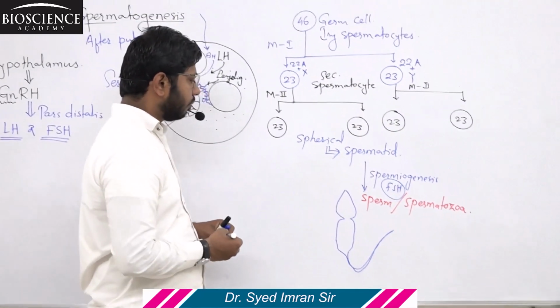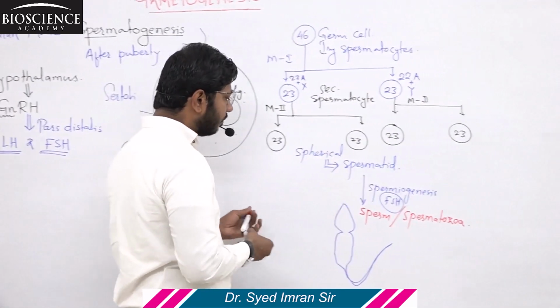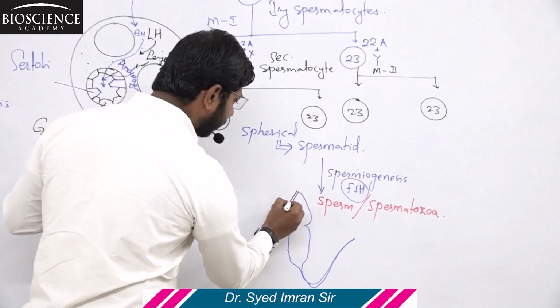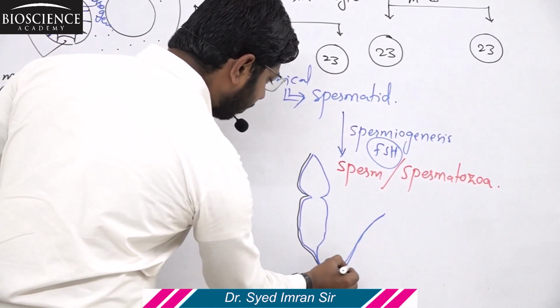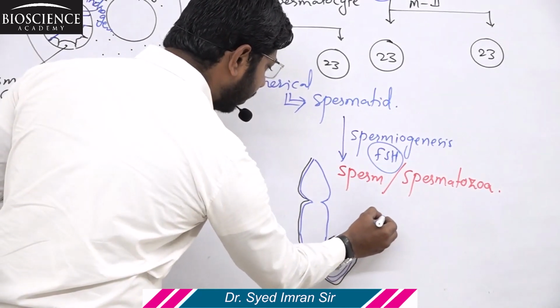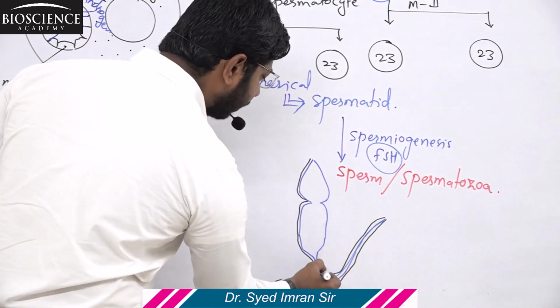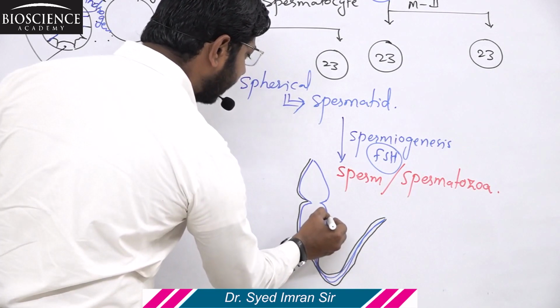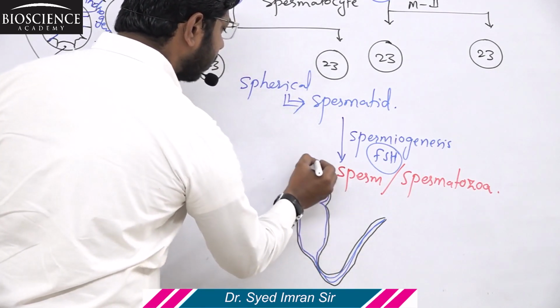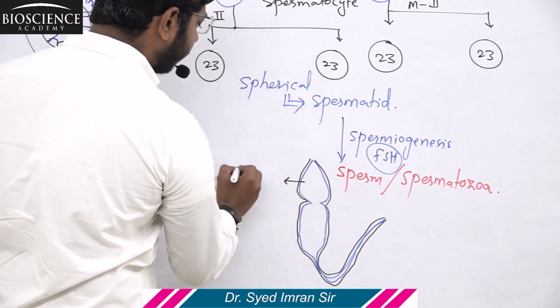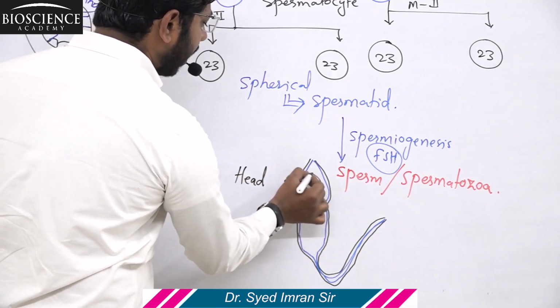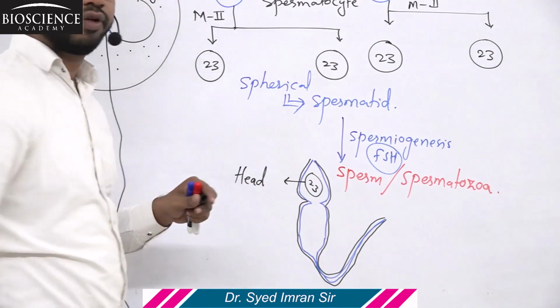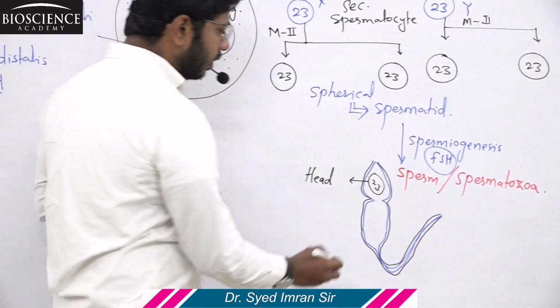Now each sperm is surrounded by a plasma membrane. Sperm is covered by the plasma membrane from everywhere, and there are different parts in each sperm cell. The most anterior part of the sperm is known as the head, which contains the haploid nucleus with 23 chromosomes.